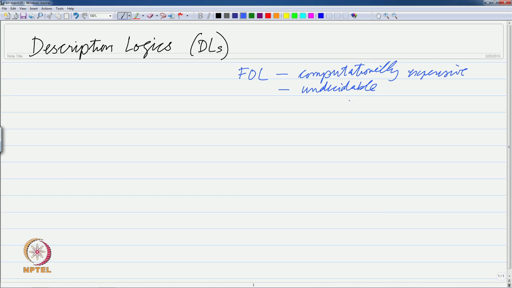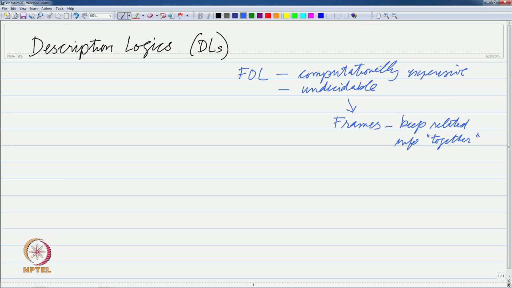So, from this we move to the idea of frames, and the whole point of frames was to keep related info together and connected, so that the inference engine does not have to go searching for facts which are related.